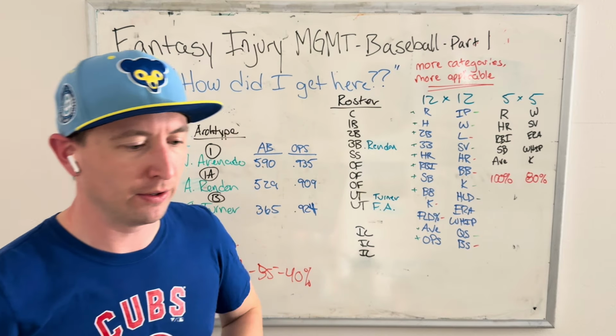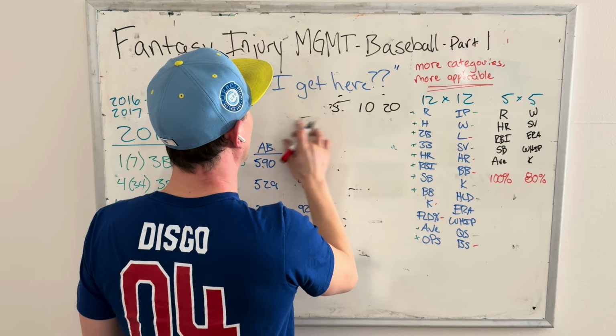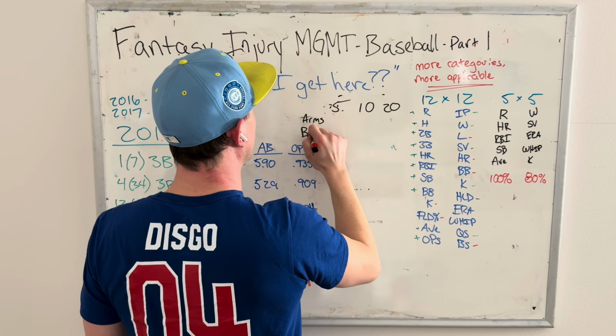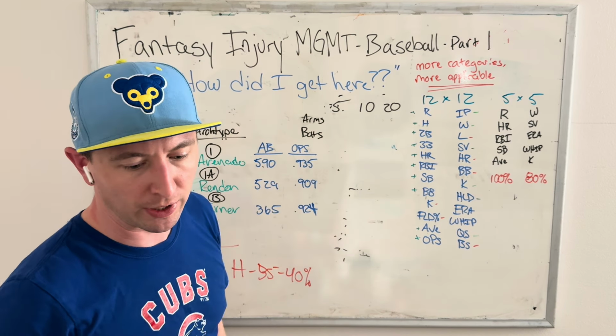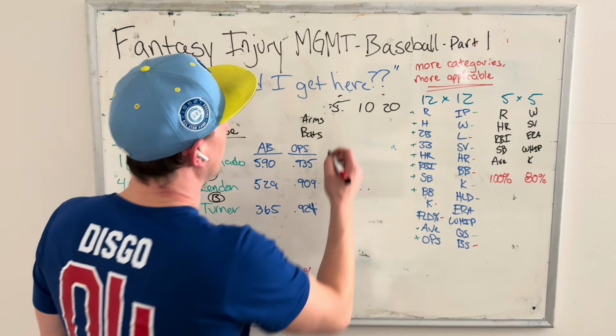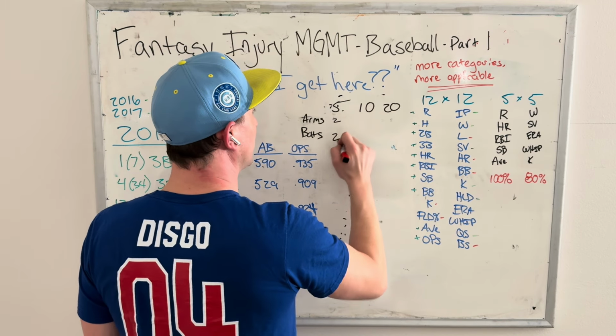I don't even need to go through all of this, because what it shook out to is, on average, for the top 5, 10, and 20, pitchers, arms, bats: how many returned from the previous season? On average, arms returned 2 of the top 5, and bats returned 2 of the top 5.